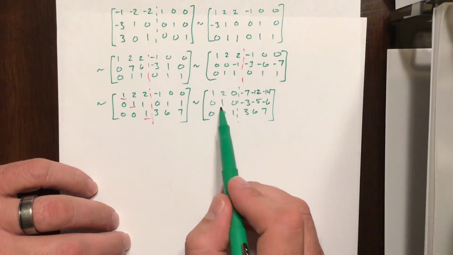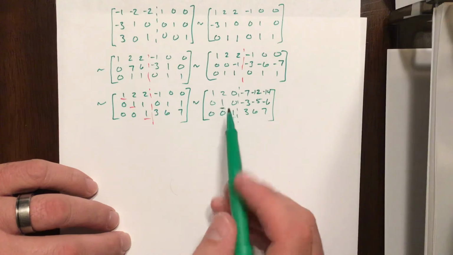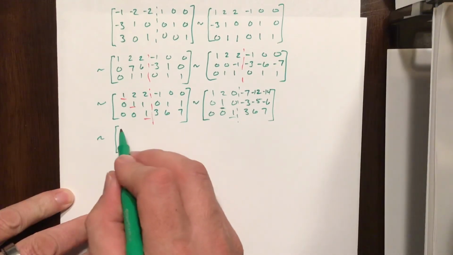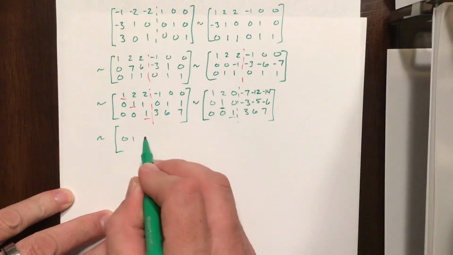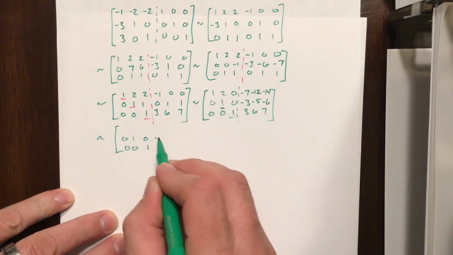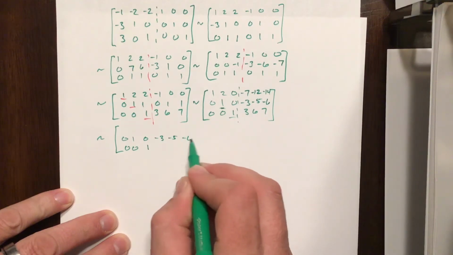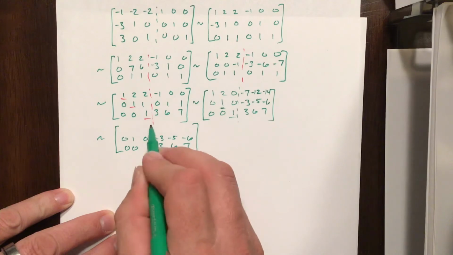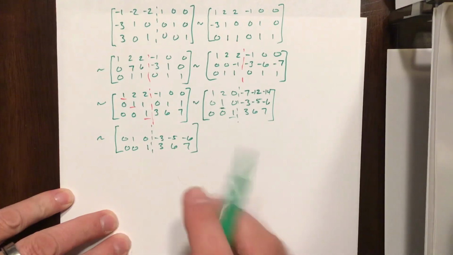Now I need zeros above this pivot. So I need to multiply row 2 by 2 and subtract. So 0, 1, 0, 0, 0, 1, negative 3, negative 5, negative 6, and 3, 6, and 7. All right.